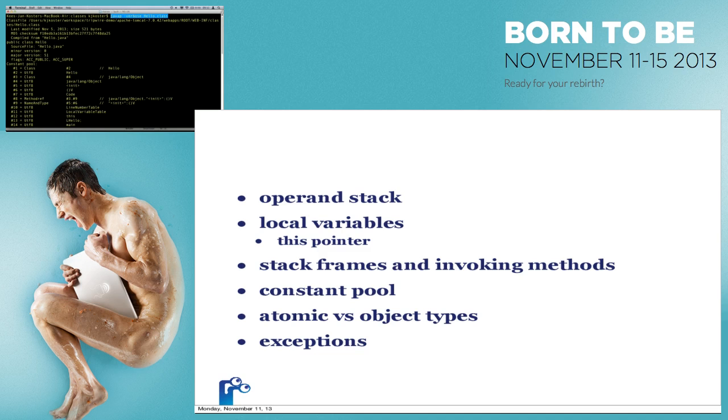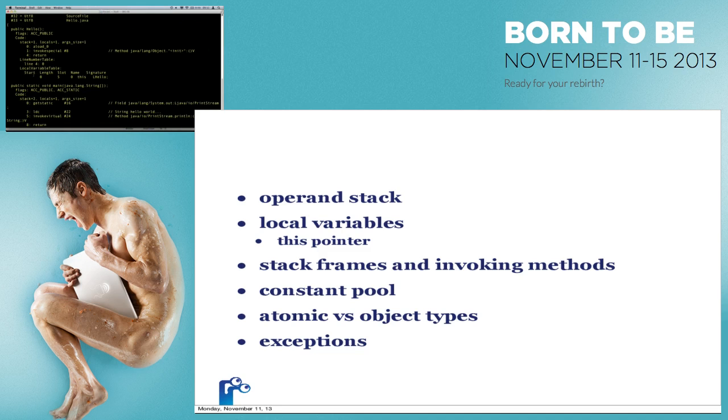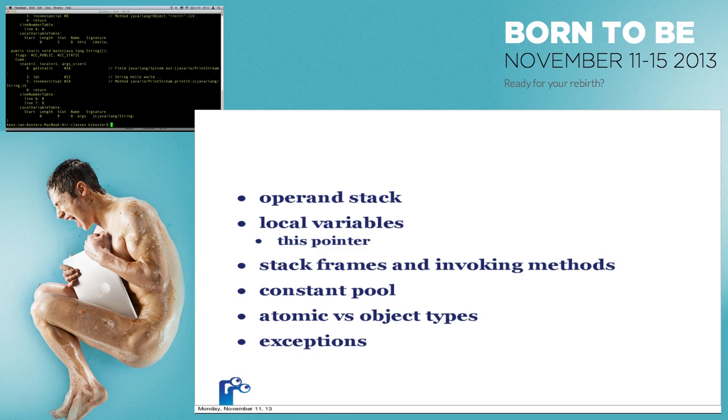And it just dumps the code you've given it. Let's look at the structure of it. Public class hello. Constant pool, we'll get to that in a minute. Public hello, main, there we are. This is the main method. For the guys who've done assembler, look at the information that's here. You've got local variable tables, stack sizes, all kinds of stuff.